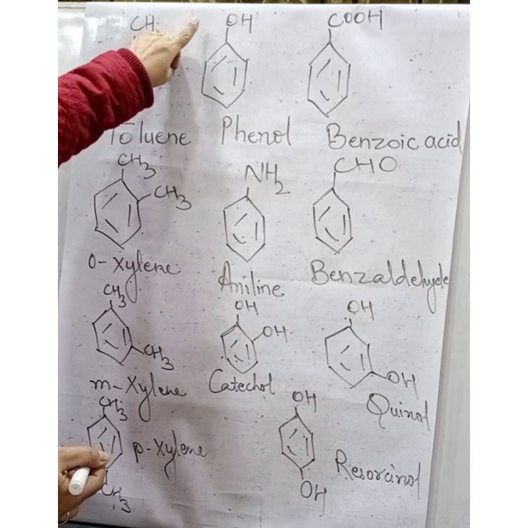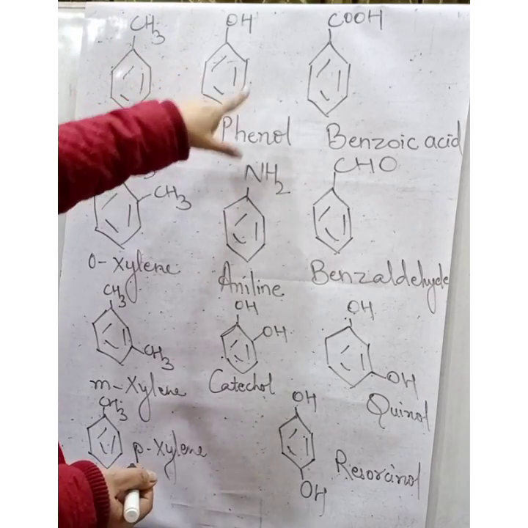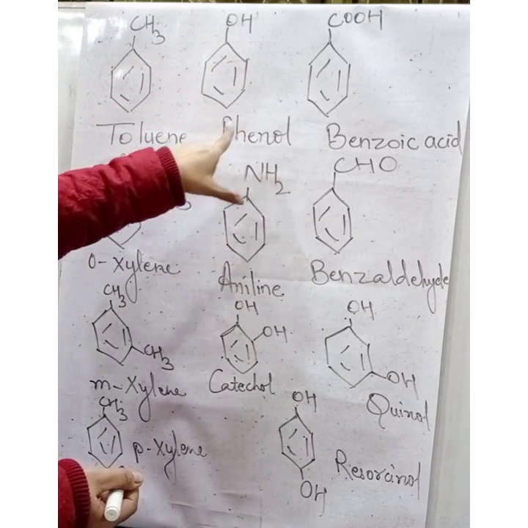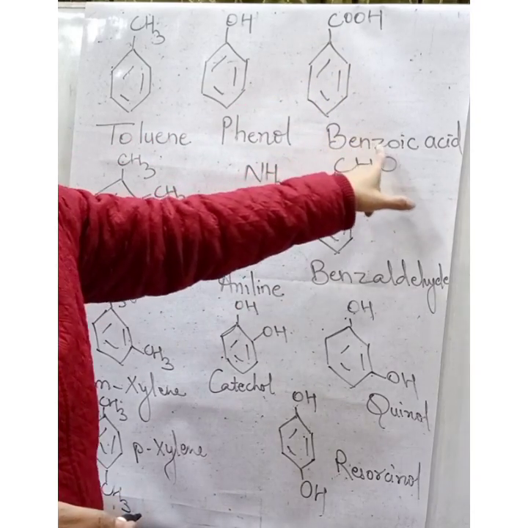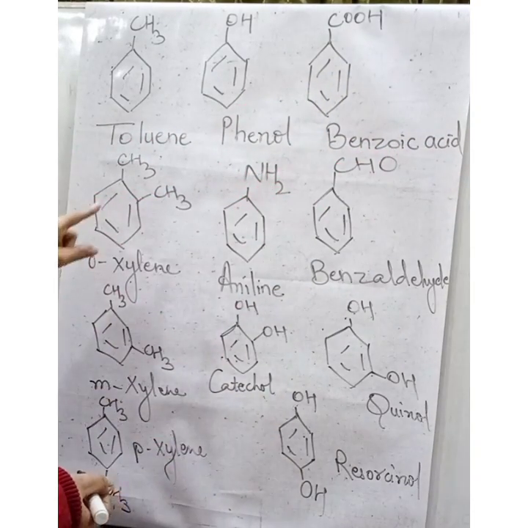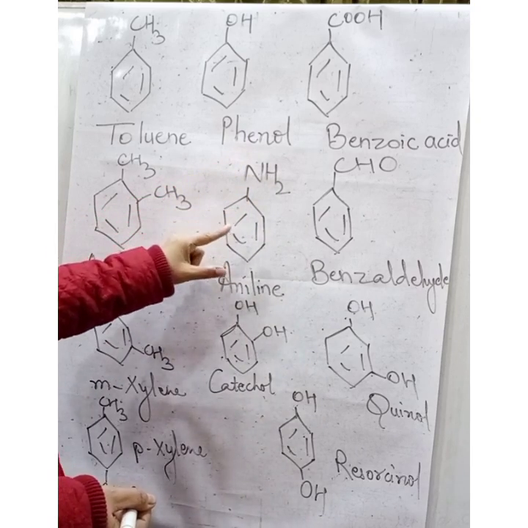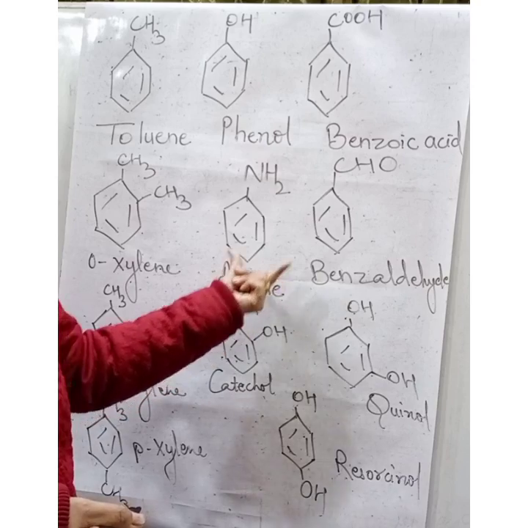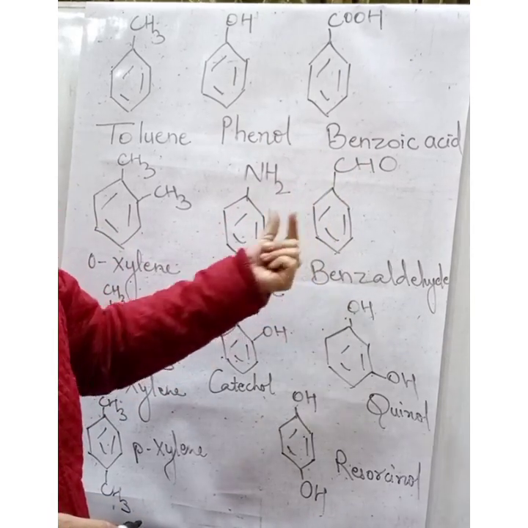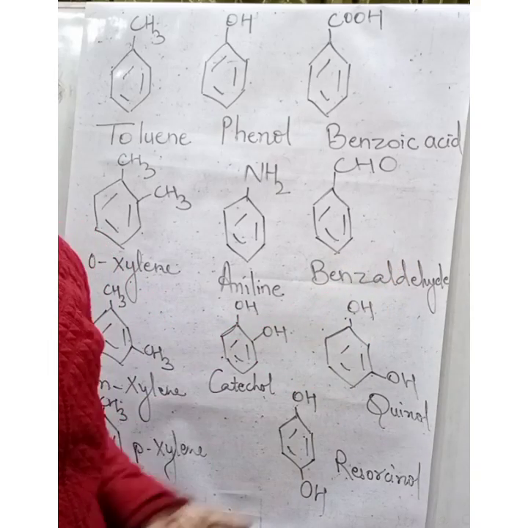The IUPAC name is hydroxybenzene, but we don't say hydroxybenzene. In the same way, when a COOH group is attached to a benzene ring, benzoic acid. When an NH2 group is attached to a benzene ring, instead of saying aminobenzene, it is popularly known as aniline. When an aldehyde group is attached to a benzene ring, it is popularly known as benzaldehyde.